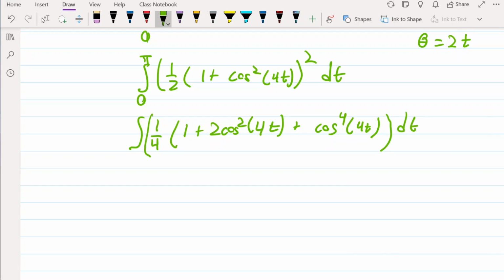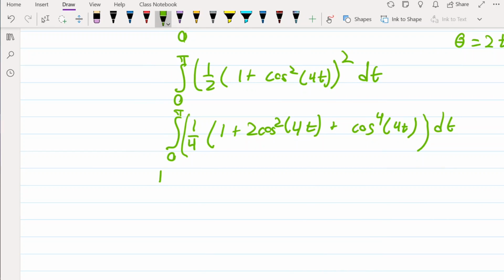Okay, so when we integrate it from 0 to pi, we get 1/4 times 1 plus 2 cosine squared of 4t plus cosine to the 4th power of 4t dt. Then we can take that fourth to the front.